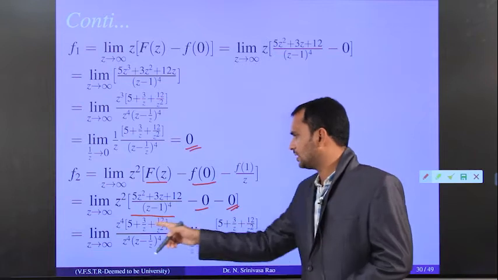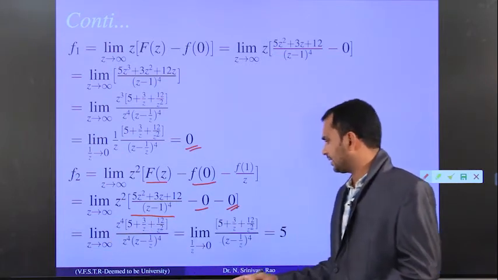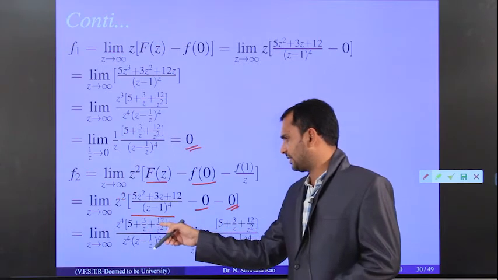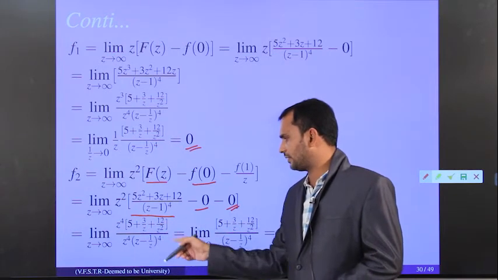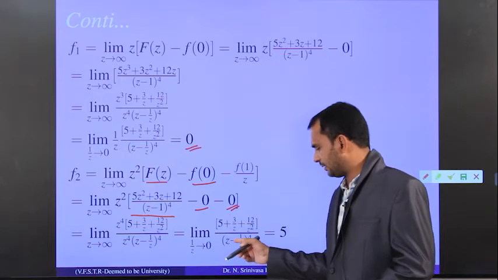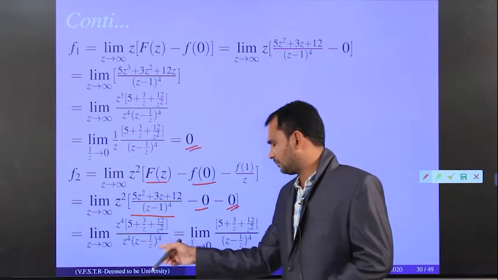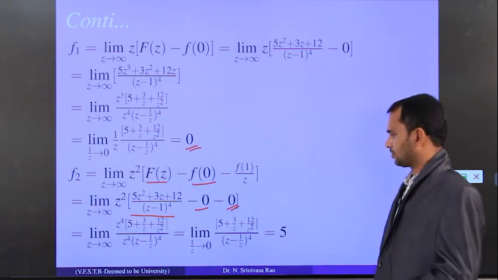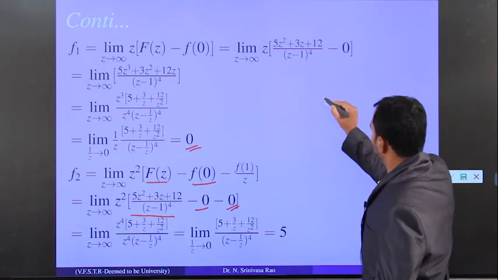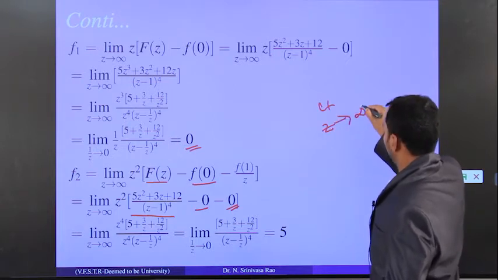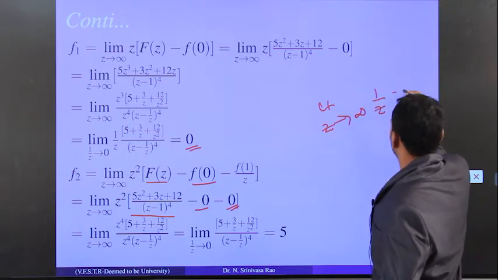So this is the limit as z tends to infinity. If you take z power 4 common, 5 plus 3 by z plus 12 by z square, whole divided by, taking z common in the denominator, again z power 4 into z minus 1 by z whole power 4. Now with the same formula, as z tends to infinity, 1 by z is going to be 0.